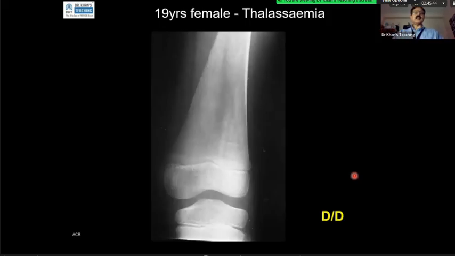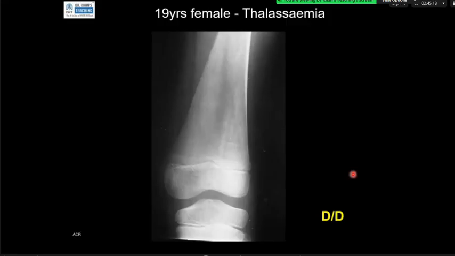Madam, describe the findings. I've given you the diagnosis. This is a knee radiograph, frontal view, for a skeletally immature patient.